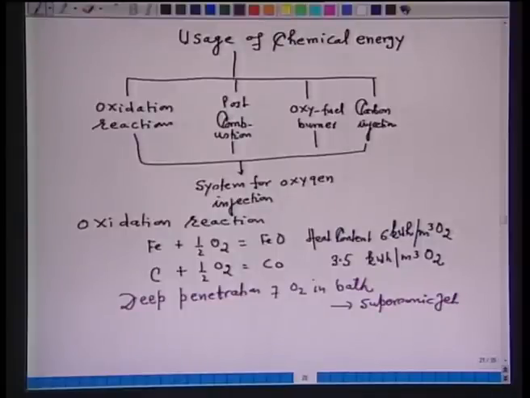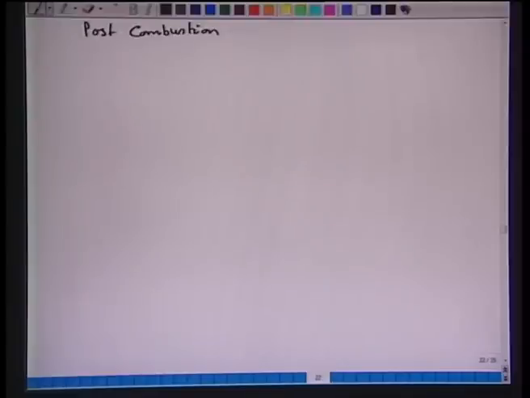Now, let us see another, post combustion. As we have seen in case of BOF steel making, it involves the oxidation of carbon monoxide or hydrogen if they are present in the exit gases in the freeboard of the furnace, so that the heat which is created in the freeboard can be utilized for heating the scrap or slag or metal or whatever the case may be.